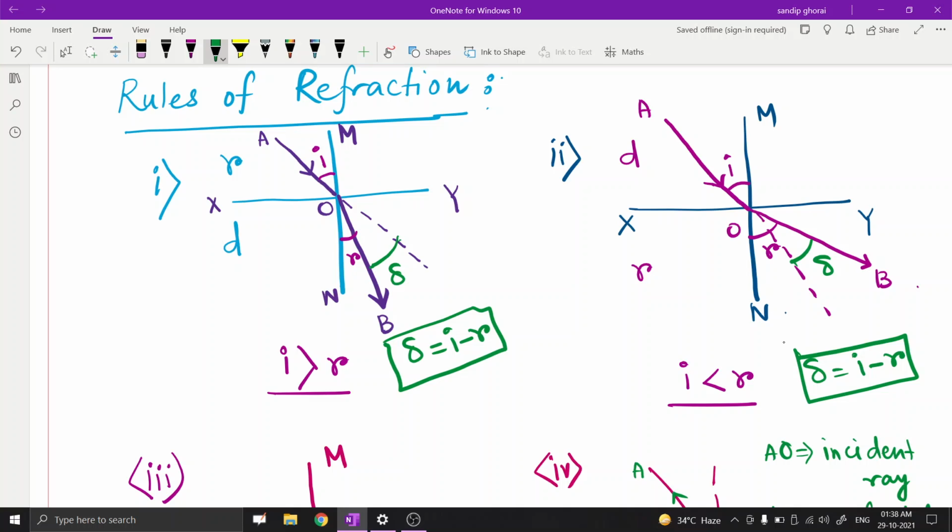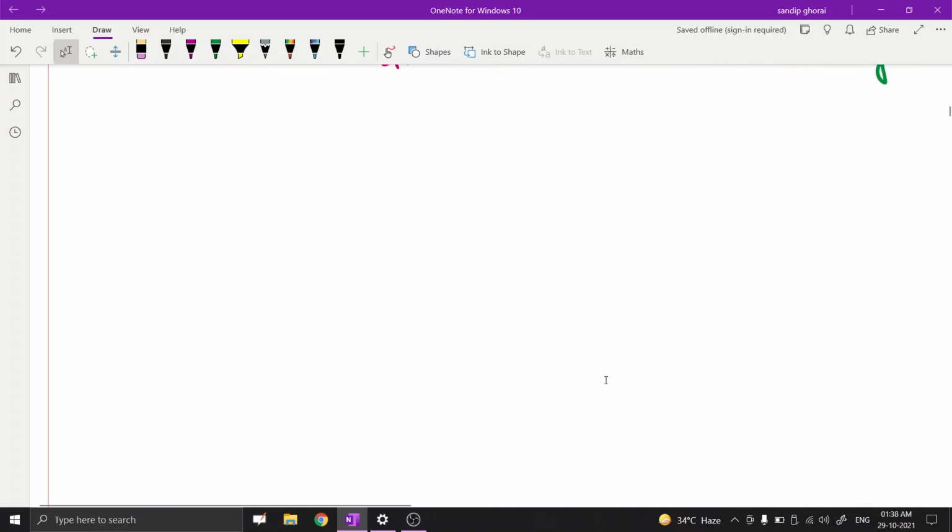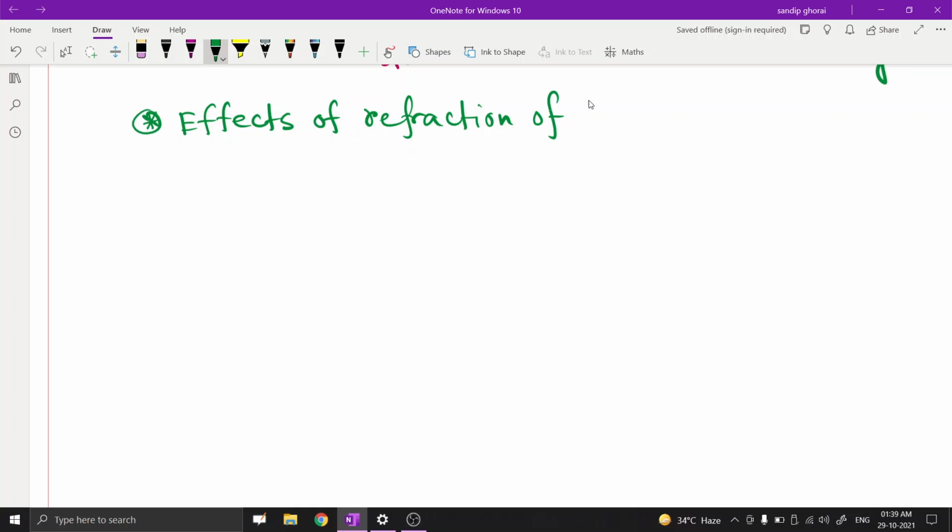Now, what are the effects of refraction of light? Actually, in the previous class, we already discussed some effects of refraction of light.